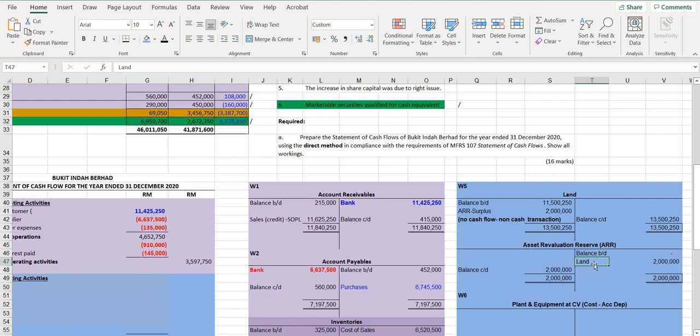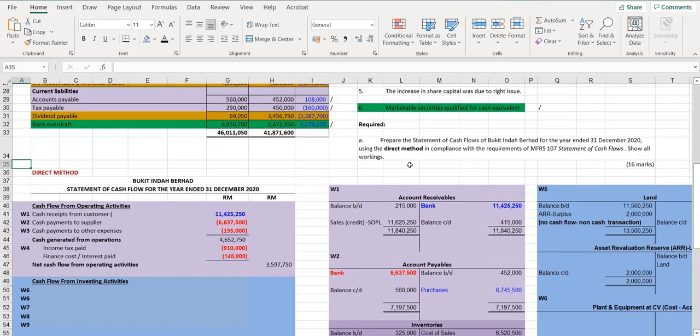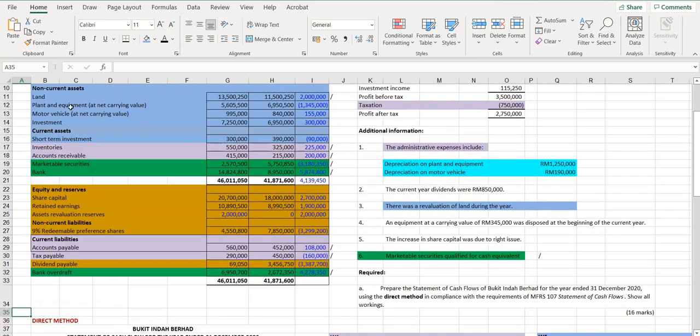So the change in the asset revaluation reserve here, which is the one related to land, is exclusively due to the revaluation surplus. So we are done with checking the land, but it does not affect your investing activities in terms of the movement of cash.